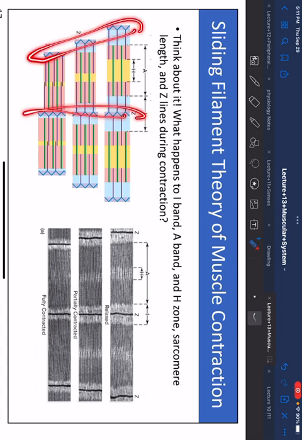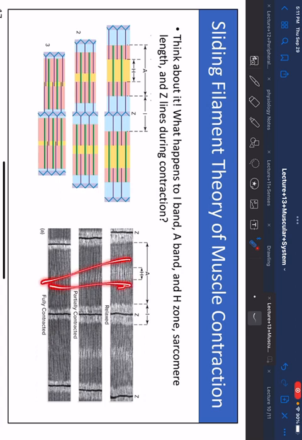Here's another representation of the different bands and zones during muscle contraction. I band decreases in length. H zone decreases in length. A band stays the same length. And then the Z lines, they come closer together, reducing the length of the sarcomere.